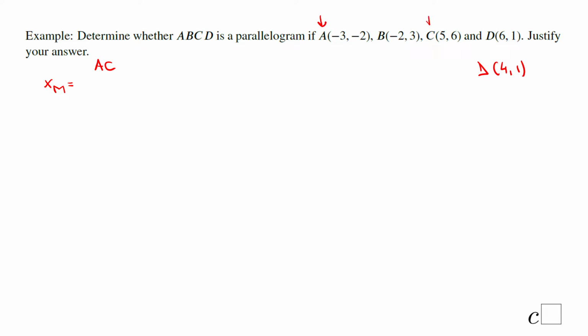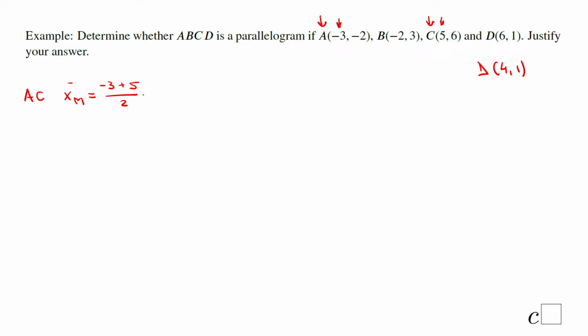Okay, and let me organize a little bit differently. We're talking about AC. So the x coordinate of the midpoint, which I'm going to call XM, will be, if you remember the formula, x1 plus x2 over 2, so it's going to be -3 plus 5 divided by 2.